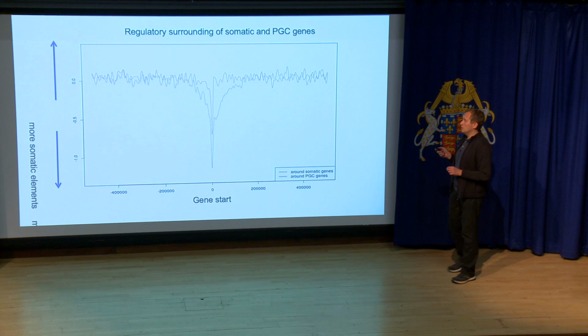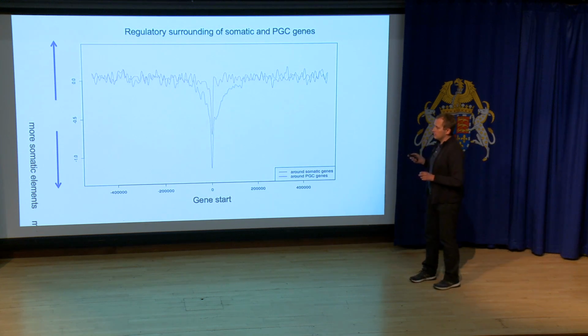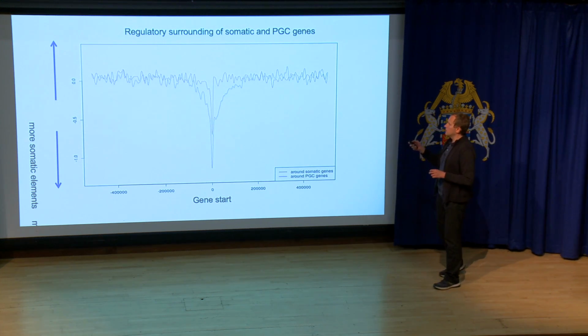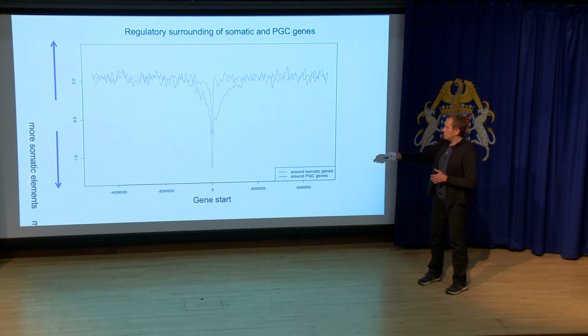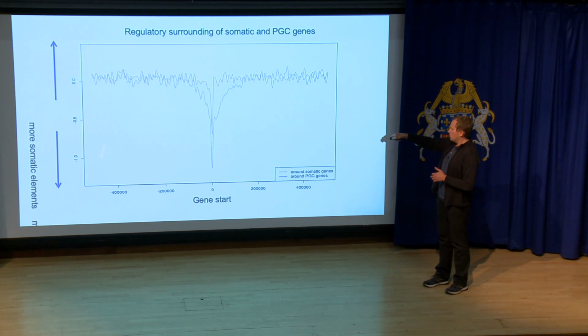I also looked at the regulatory regions surrounding known PGC and known somatic genes. So basically, the more down it is, the more PGC-like, and at the top there's more density of the somatic genes.